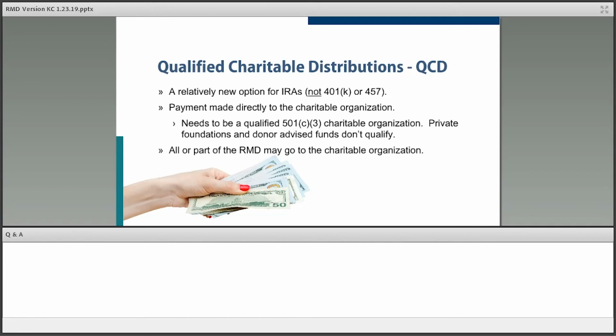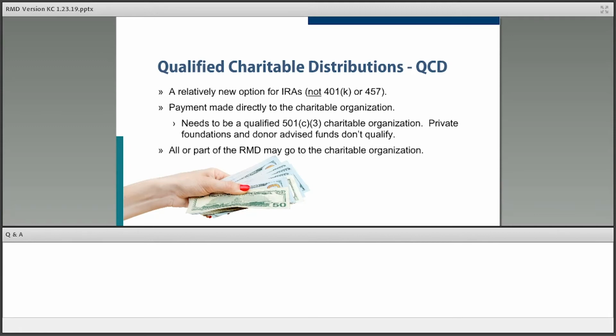Sometimes people will just have a 401k or a 457 with us here at Utah Retirement Systems, and they'll have heard about this qualified charitable distribution and want to take advantage of it. Well, to do that, you've got to take the money from your 401k or 457 account and move it to a traditional IRA account.